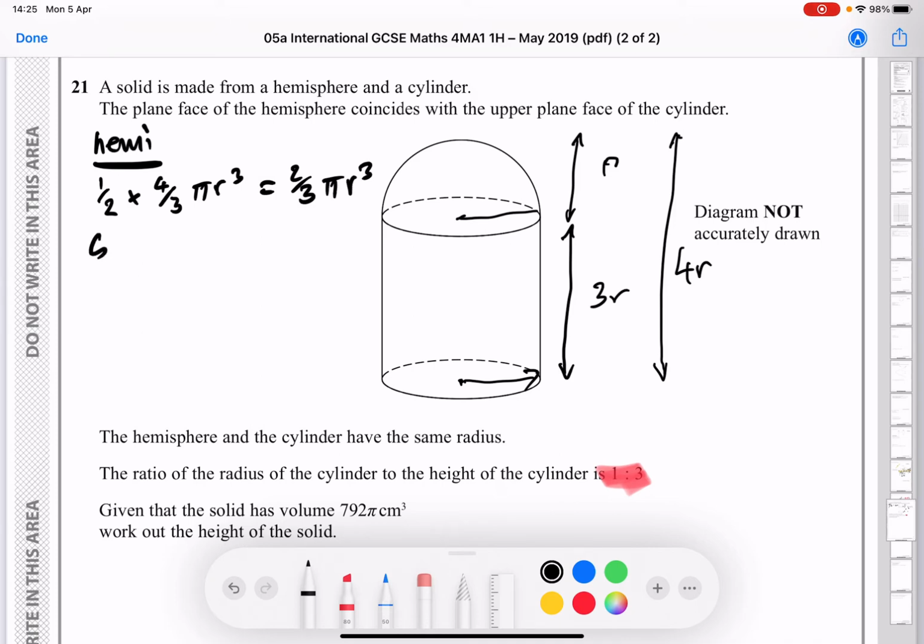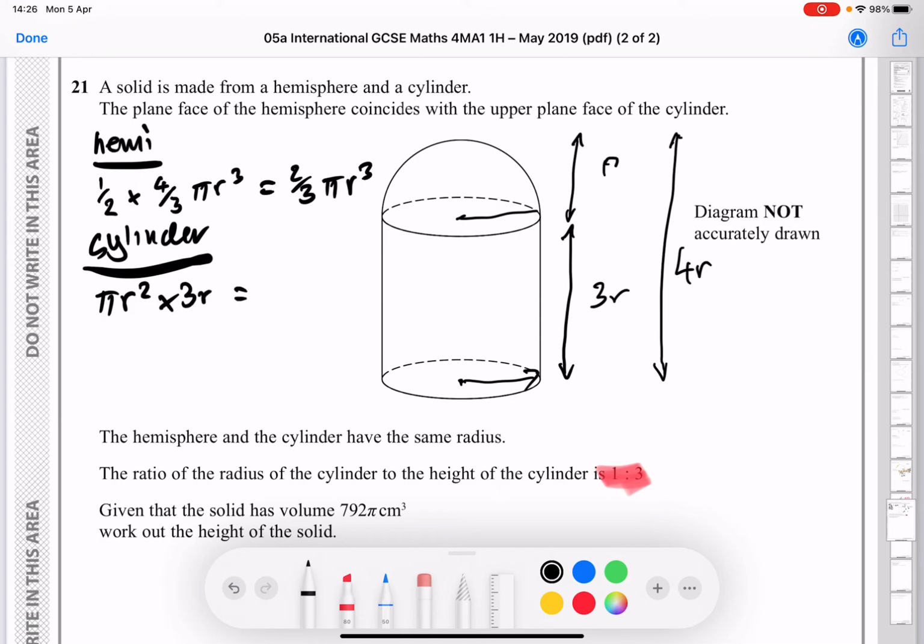So for the cylinder, and I do know how to spell cylinder, the volume is equal to pi r squared times h, but h in this case is 3r.